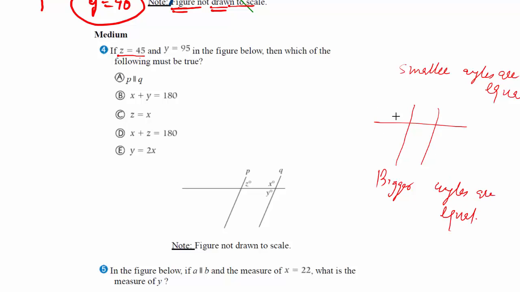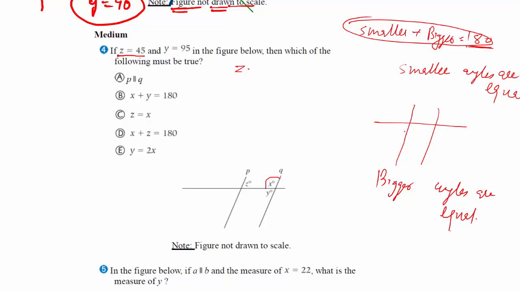And obviously a smaller angle will be on the side of a bigger angle, so smaller plus bigger will always be 180. So we know that a smaller looking angle plus a bigger looking angle will be 180, and smaller angles will be equal and bigger angles will be equal.